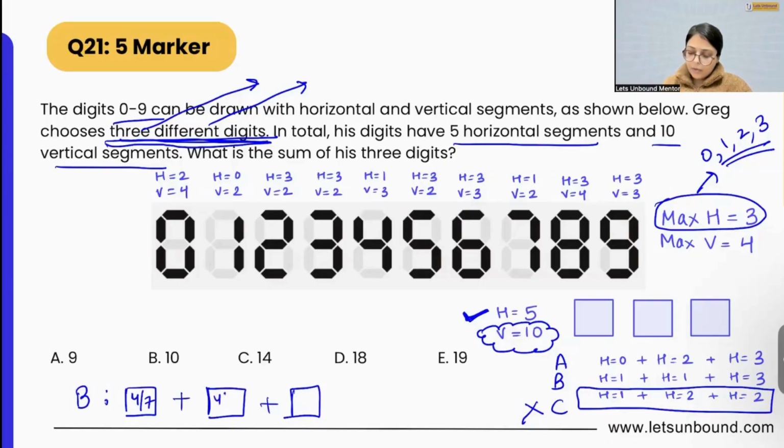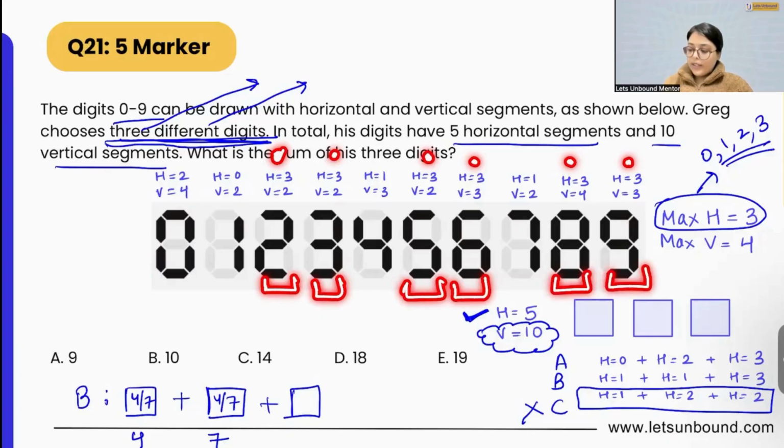If I'm taking 4 in the first, I can take the second digit as 7 so that I don't repeat and I'm maintaining the condition. The third is H3. With H3, I see a lot of digits: 9, 8, 6, 5, 3, and 2. There are so many, so it's difficult to choose from these digits.